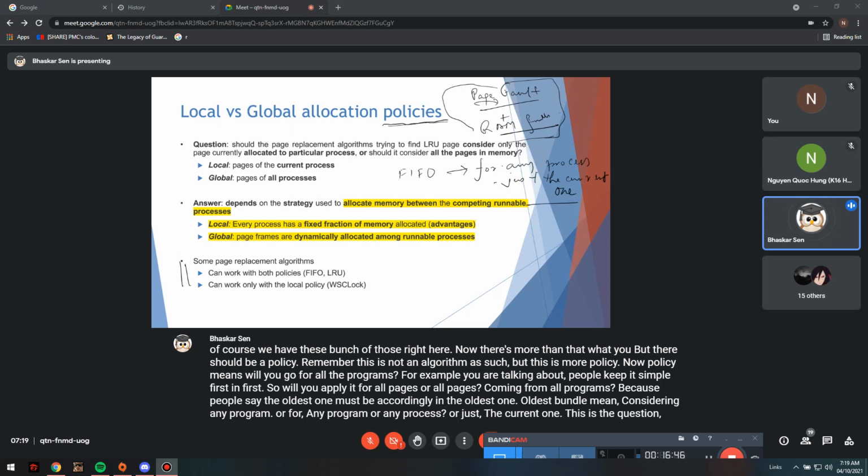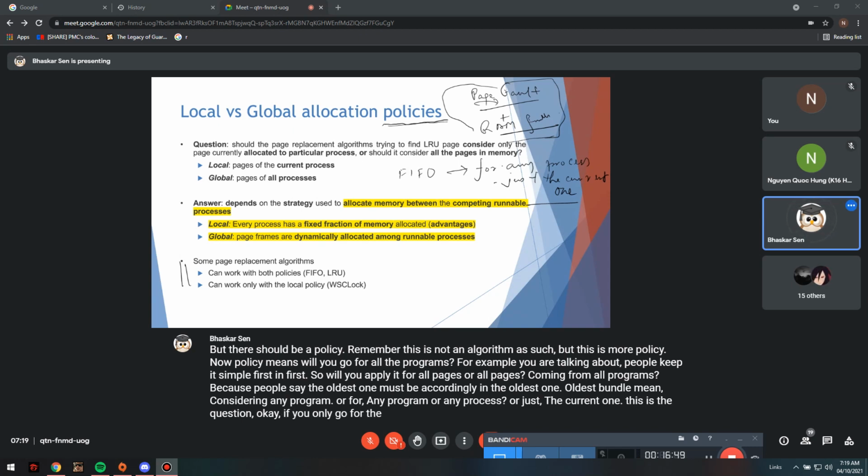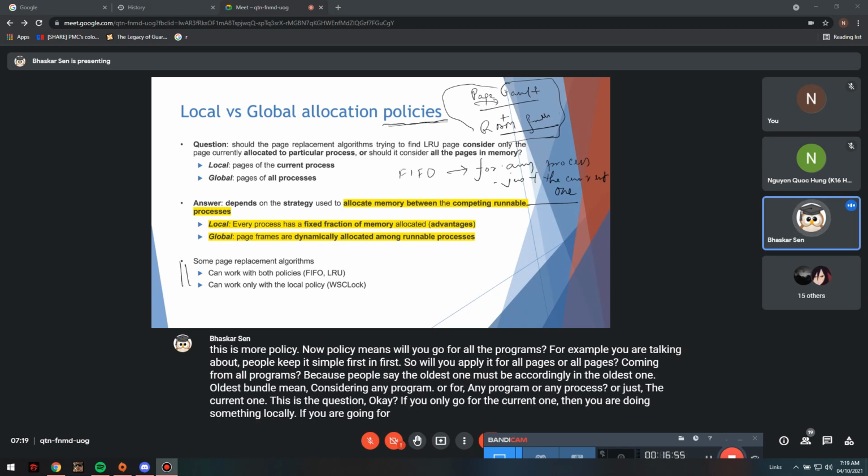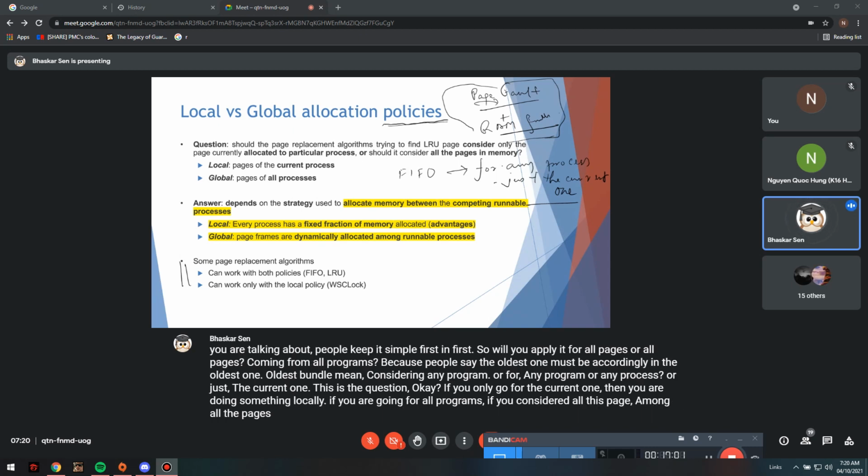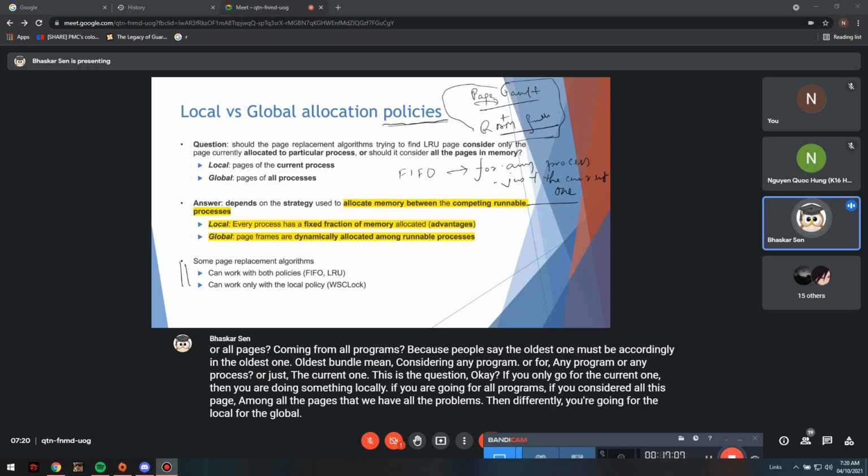If you only go for the current one, then you are doing something locally. If you are going for all programs, if you consider the oldest page among all the pages that we have for all the programs, then definitely you are going for the global one. So you have to decide whether you want to do it globally or locally.